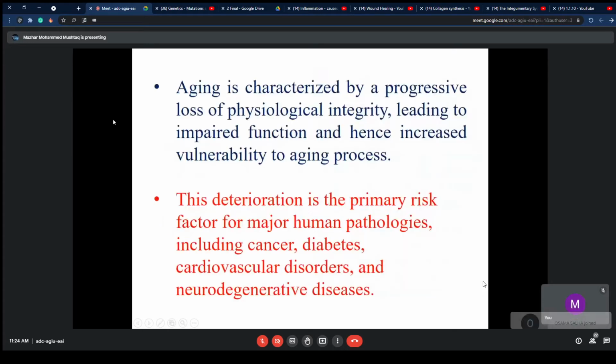So basically, aging is characterized by progressive loss of physiological integrity, leading to impaired function and hence increased vulnerability. So as you go older, there are physiological changes in the cell. They become less functional. They are not performing their function as they were when we were at a young age.